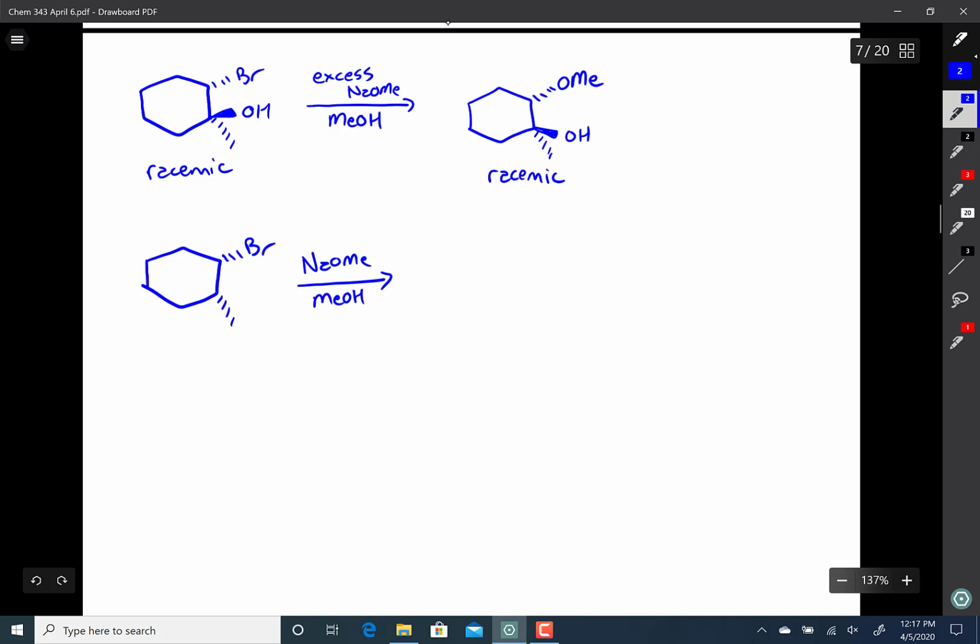If you tried sodium methoxide on this compound right here, the major product would be the E2 elimination. The product above is even more hindered than this example, but yet it's giving substitution.